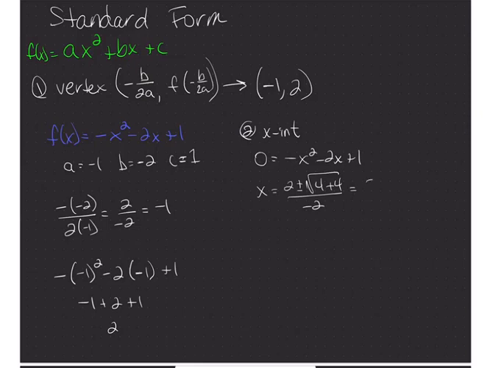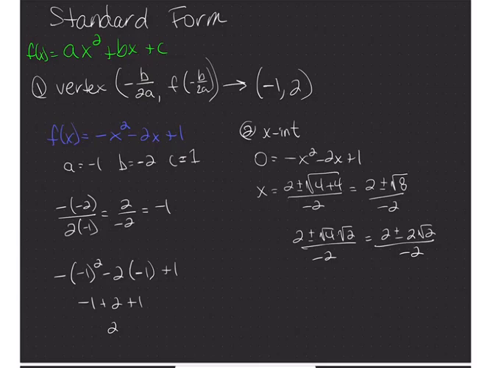So now I have 2 plus or minus the square root of 8 over negative 2. Need to break that down. I'm going to do it below. 2 plus or minus, and I'm going to break that down into the square root of 4 times the square root of 2, all over negative 2. So 2 plus or minus 2 square root of 2, all over negative 2.